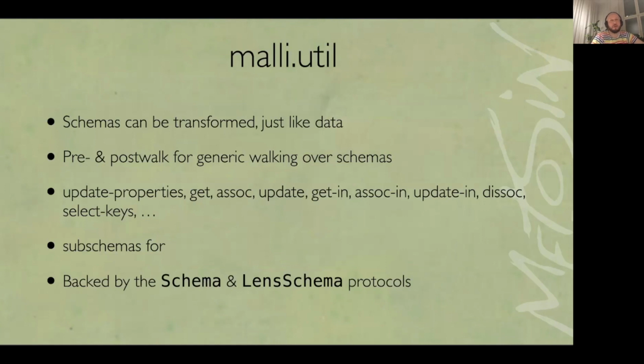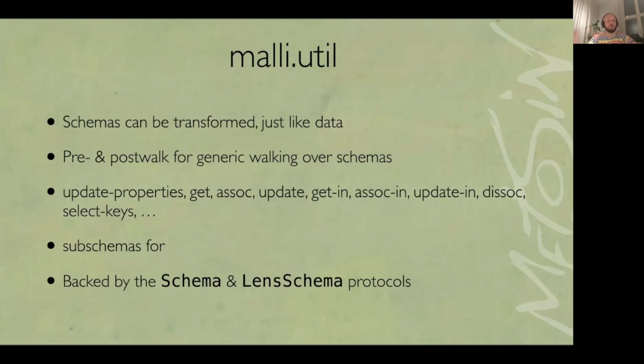This is something that we wanted to perfect. In Prismatic Schema, we built the schema tools library, which has all these helpers already, and we have been using them a lot. There is no such thing in ClojureSpec, but we wanted to have that. Malli would have this, so you can take any schema and transform it basically like it was data.